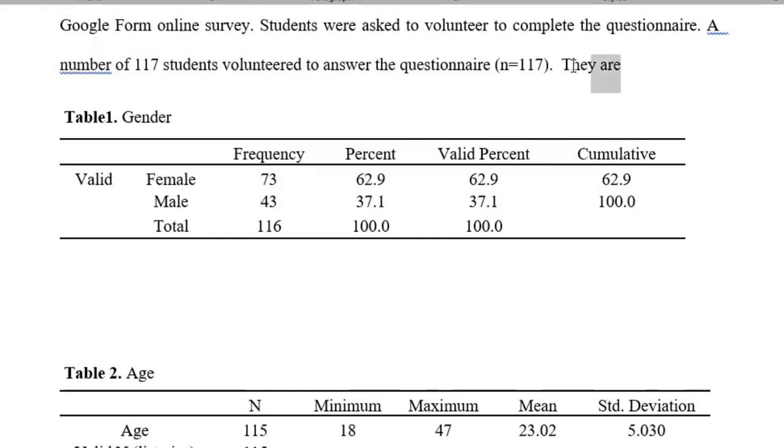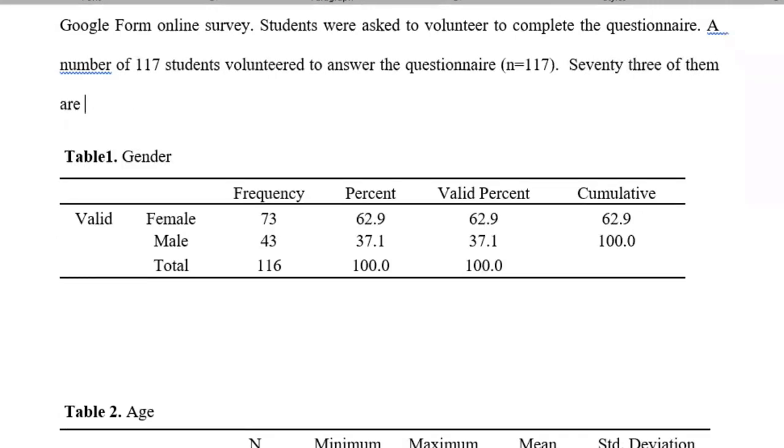So I'm going to say 73 of them are female students, with the percentage of 62.9%. I'm going to round it to 63%, and I'm going to put a comma, and say 42 of them are male students.